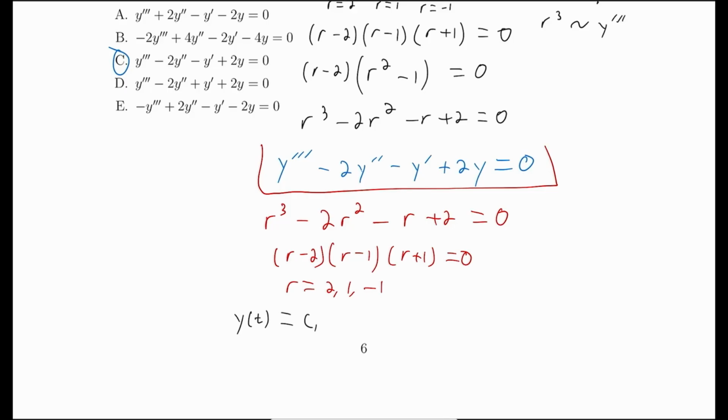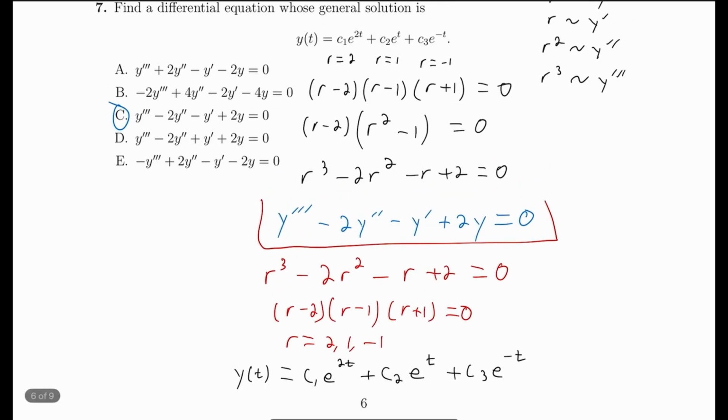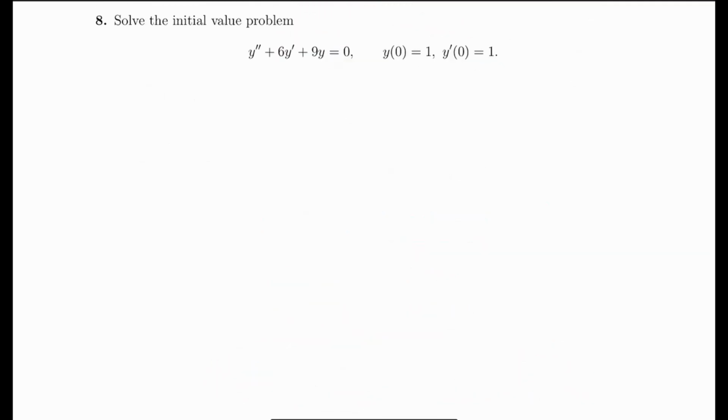So c1 e to the 2t plus c2 e to the t plus c3 e to the negative t. And this is where we started working backwards from. Hopefully that helps clear that up.